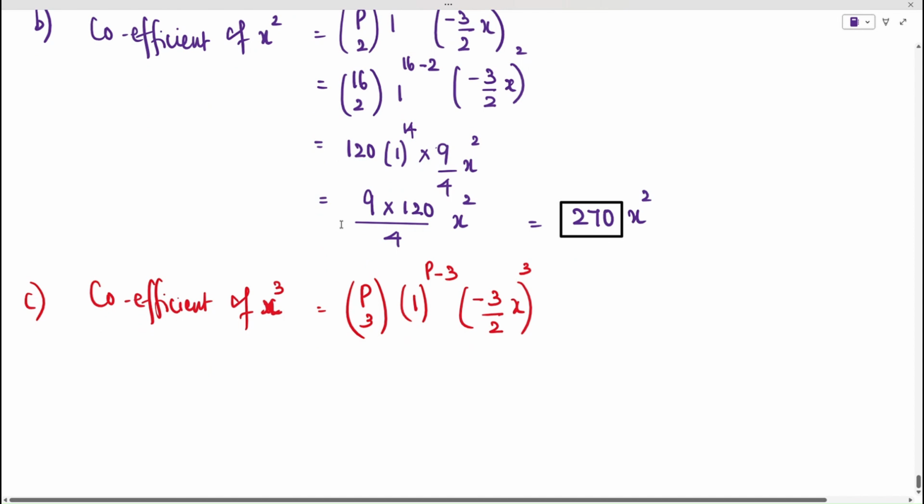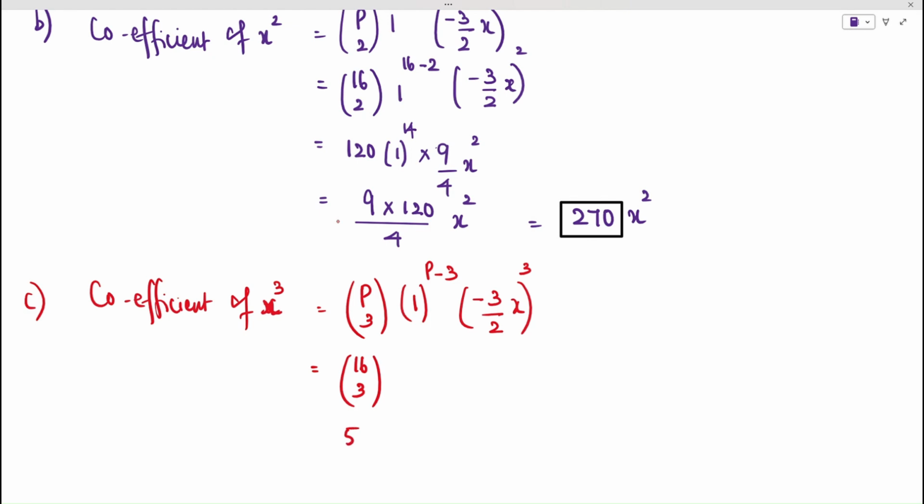And so if we put these values into our calculator, we get 16 choose 3 as 560. 1 to the power of 13 is 1, and then (minus 3 over 2x) cubed. So we do minus 3 over 2 and we cube that first. So we get minus 27 over 8 x cubed.